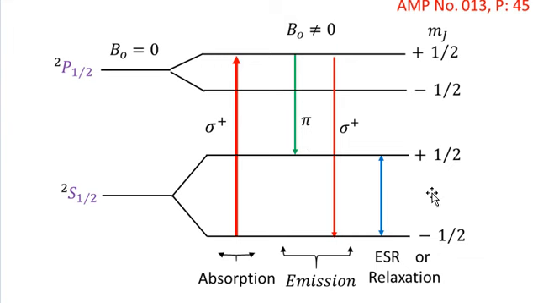So using the magnetic field B1, when this transition takes place, that is the electron spin resonance takes place, then of course the population of the ground level, which is the mj equal to minus half level of the ground state, will increase drastically. And then of course the absorption will increase.